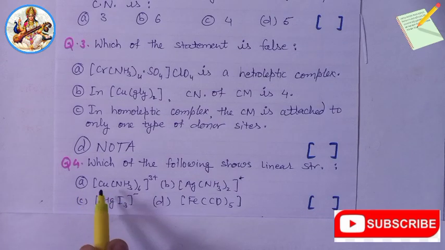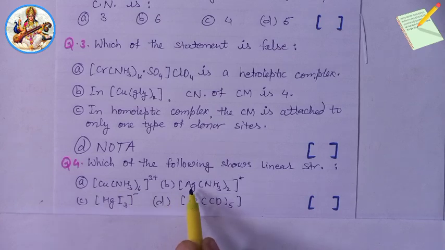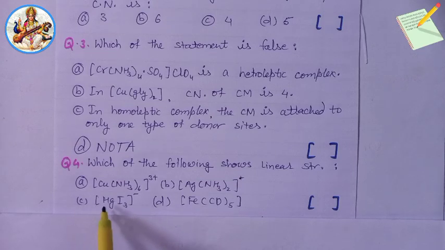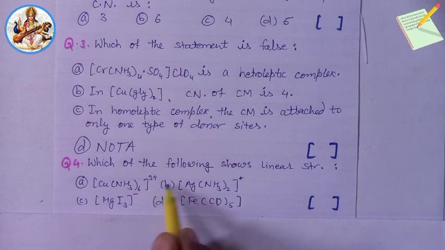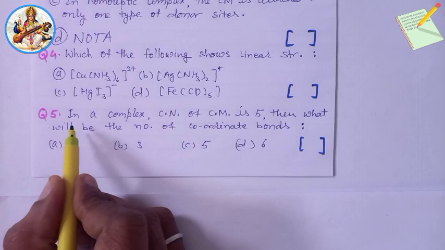So in option A, the coordination number of the central metal is 6. In option B, the coordination number of the central metal is 2. In option C, the coordination number of the central atom is 3. And in option D, the central atom has coordination number 5. Therefore, the answer will be option B.